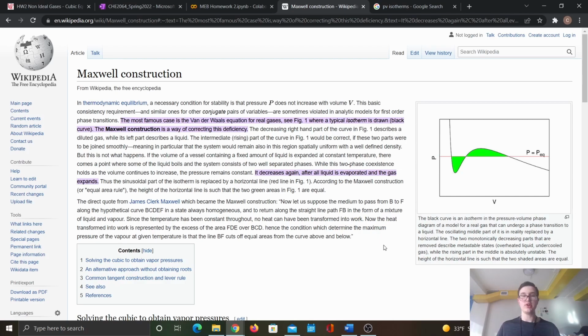Now the Maxwell construction is used with the van der Waals equation, where if you look at this line here, this dip and this rise, there is a pressure called equal pressure, where the area underneath the line in this dip, and the area above come out to be 0, so they're equal.